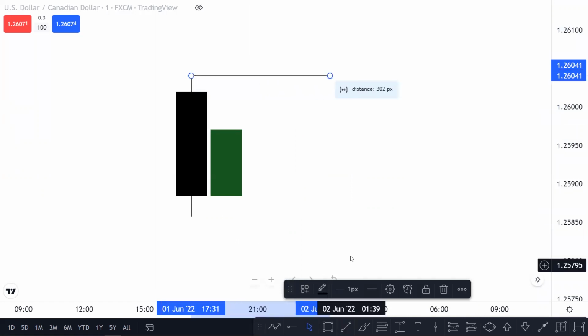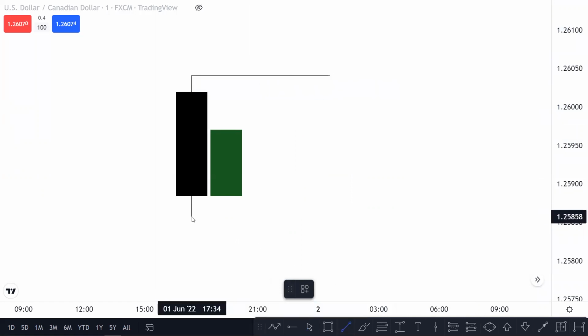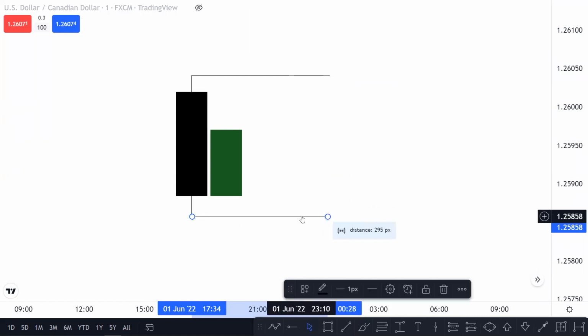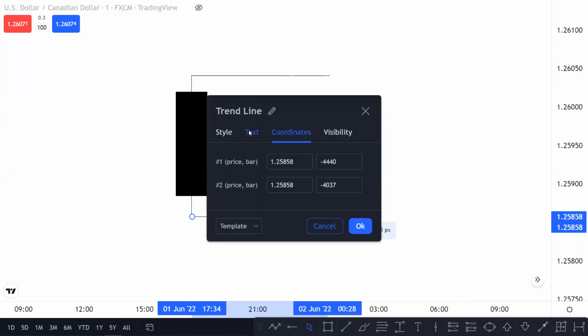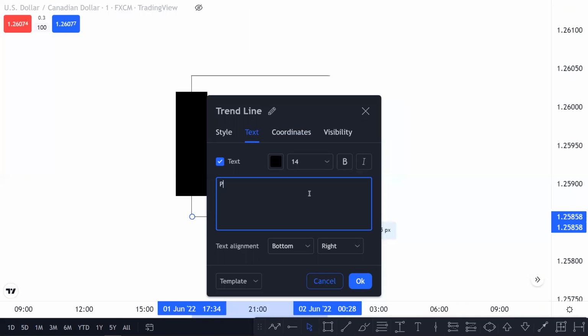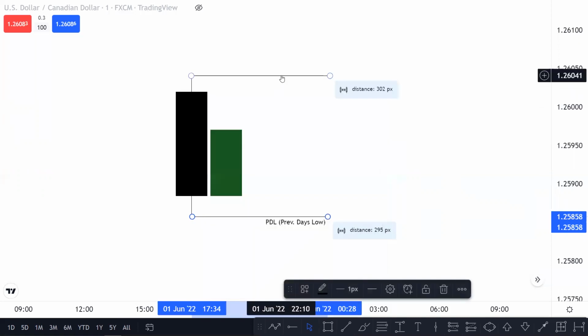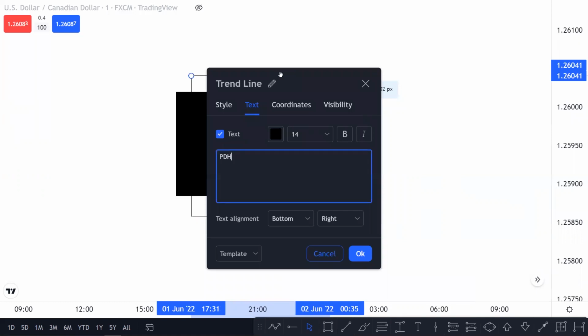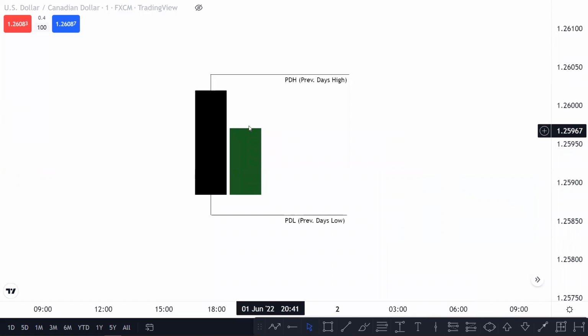That's the PDH and this will be the PDL. What do I mean? I have explained, PDL stands for previous day's low. PDL, previous day's low. And PDH, previous day's high. So this is what we have.